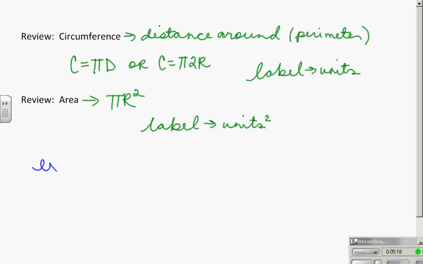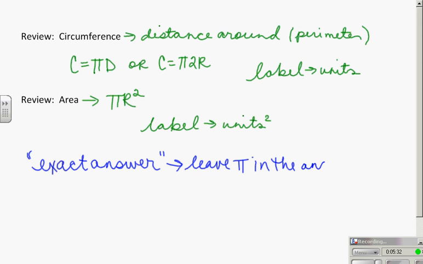We're going to be talking about exact answers a lot. And exact answers are so easy. Basically, with exact answers you leave pi in the answer. Don't multiply by pi. And learning to handle pi is super slick because pi acts like a variable.